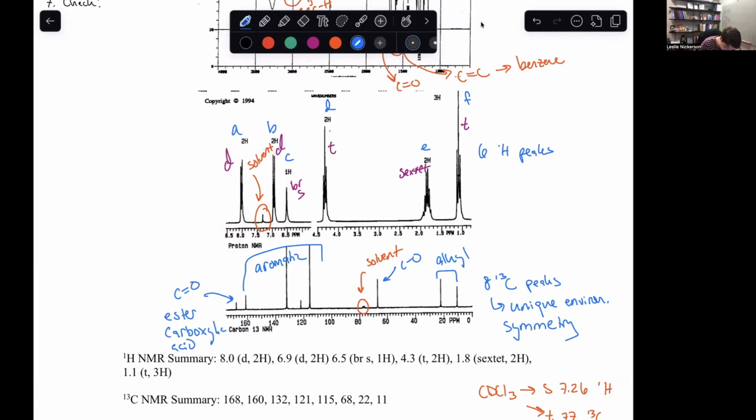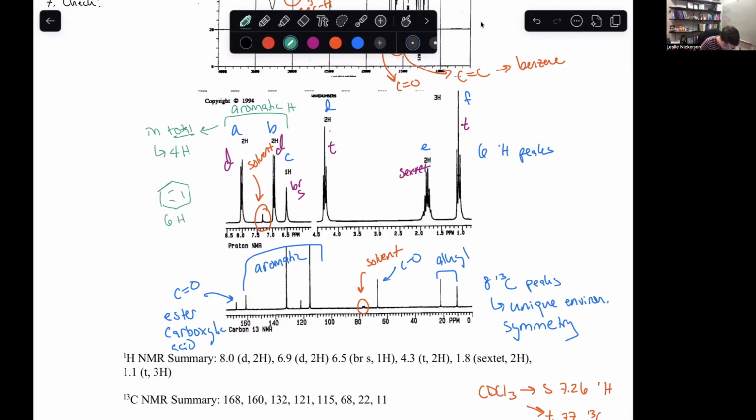Okay, so I'll do in green. Okay, so for our aromatic H's in total, we have 4 H's. Okay, when we're thinking about that, we immediately want to be thinking about benzene as a structure has 6.